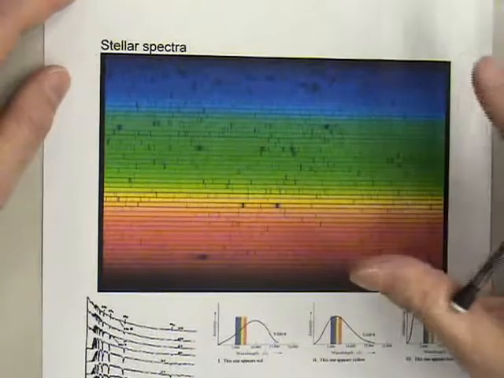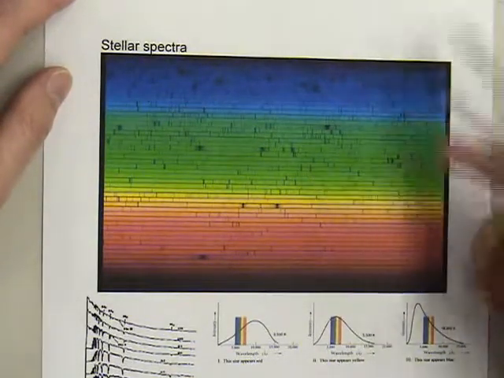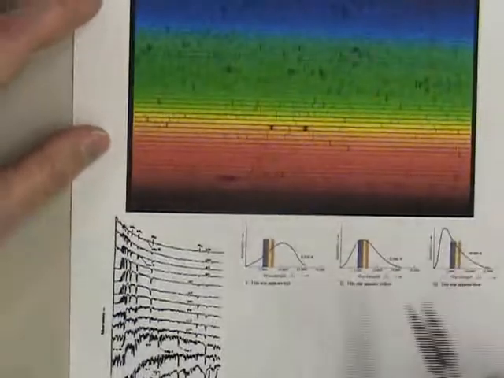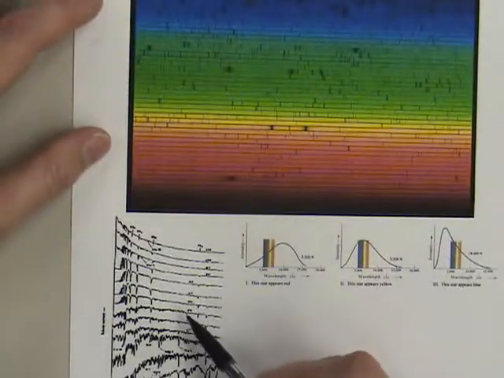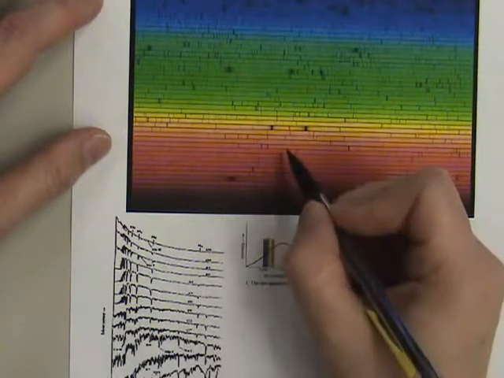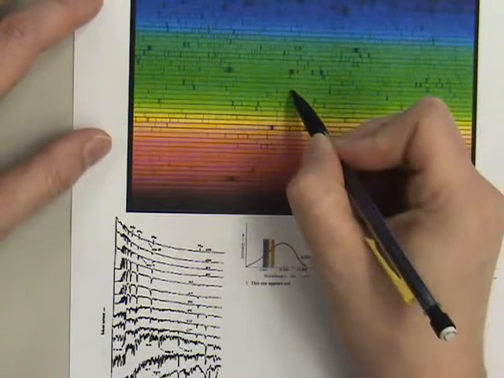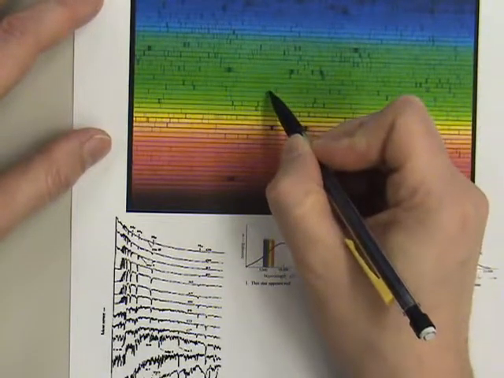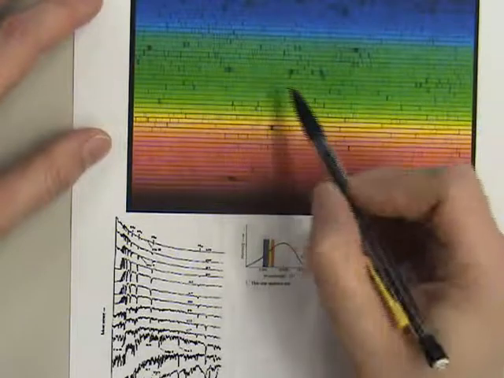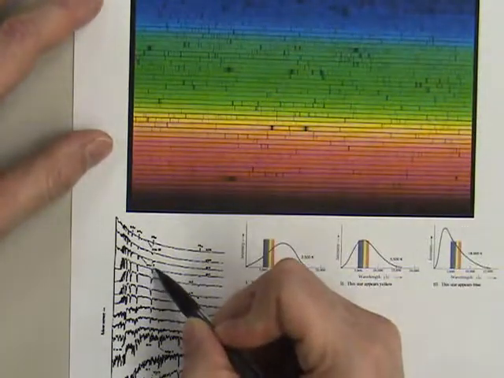Now, there's kind of two ways we can look at the spectra. We can look at a spectra in this format, in which we see the little dark lines, or we can look at the spectra in this format, in which we look at the intensities. In other words, we count how many of this color photon, how many of these orange-red photons, how many of this green photon. Every place where you see a little dark line in here corresponds to a little dip in this graph.